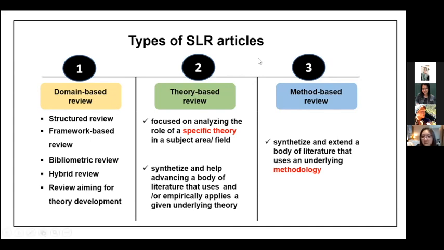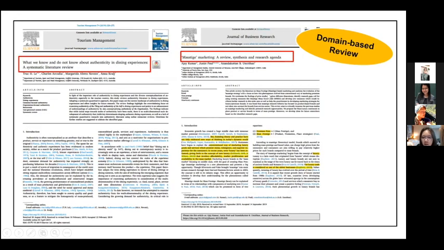All right, if you want to have a better understanding of all these types of review, I have included some examples. These are some of the papers that I found quite reasonable, with quite good quality content.